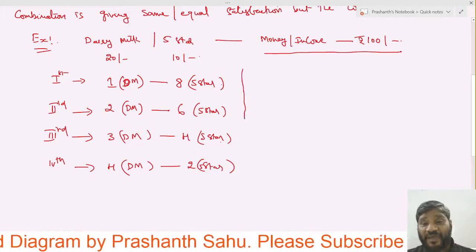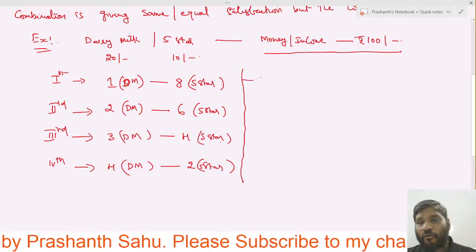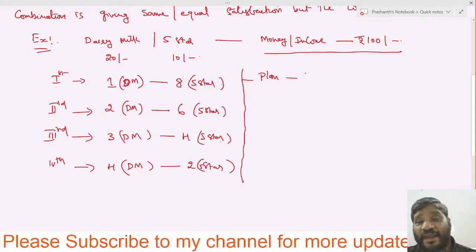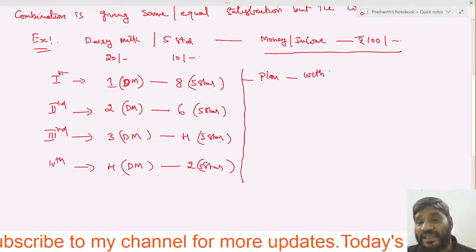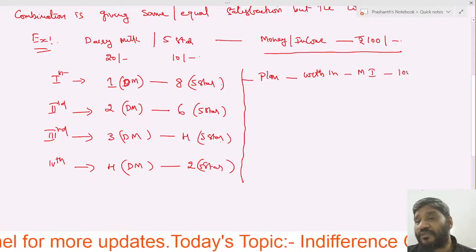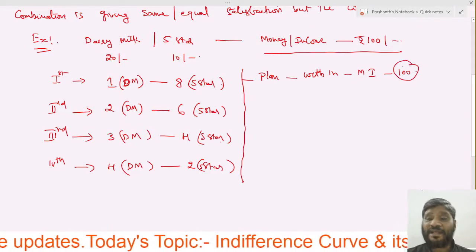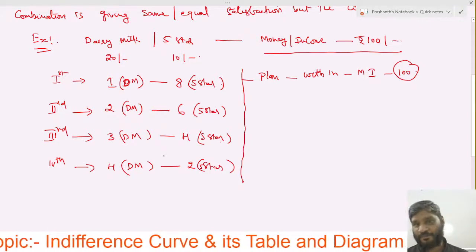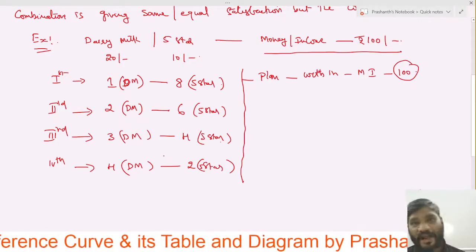If you see clearly, whatever plan he made, he made within his money income. Within 100 rupees only he planned, and he did not go beyond the 100 rupees.